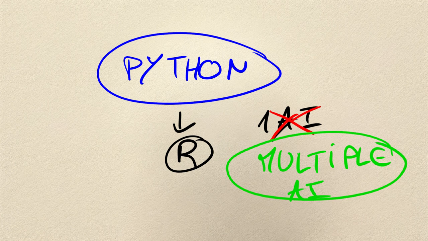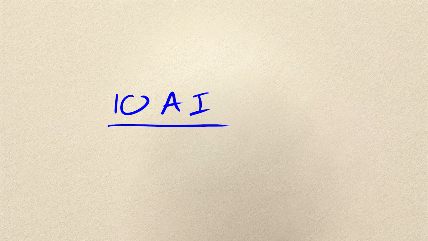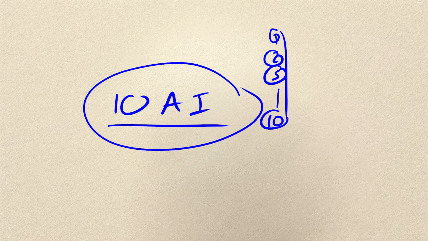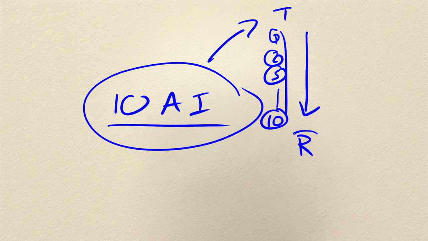Because think about it. Think about having 10 AIs that are working to accomplish a task, right? So you have 10 AIs here that are doing step 1, step 2, step 3, and so on until step 10. Well, can you imagine when you go through all of those steps and at the end of it you have the output?